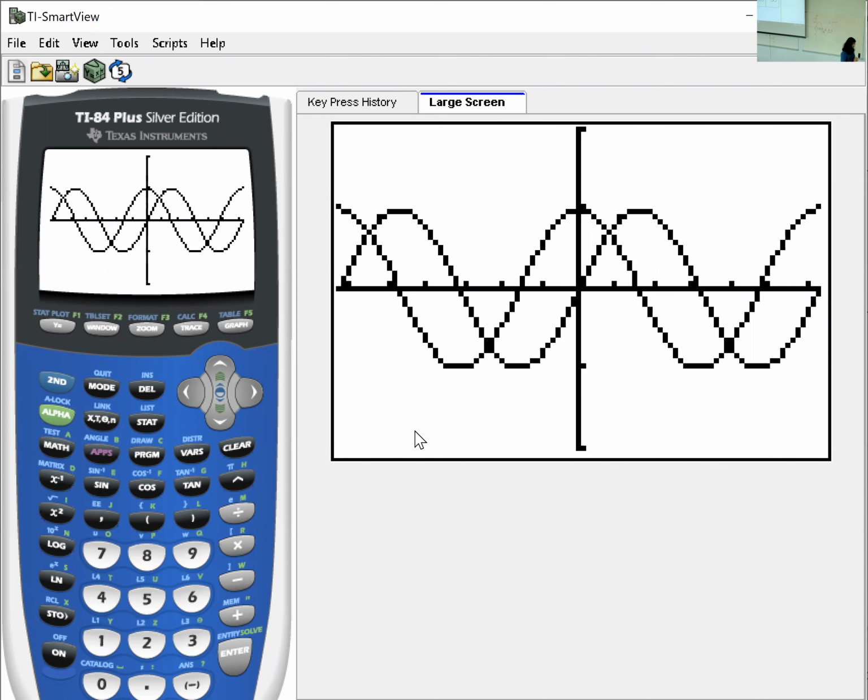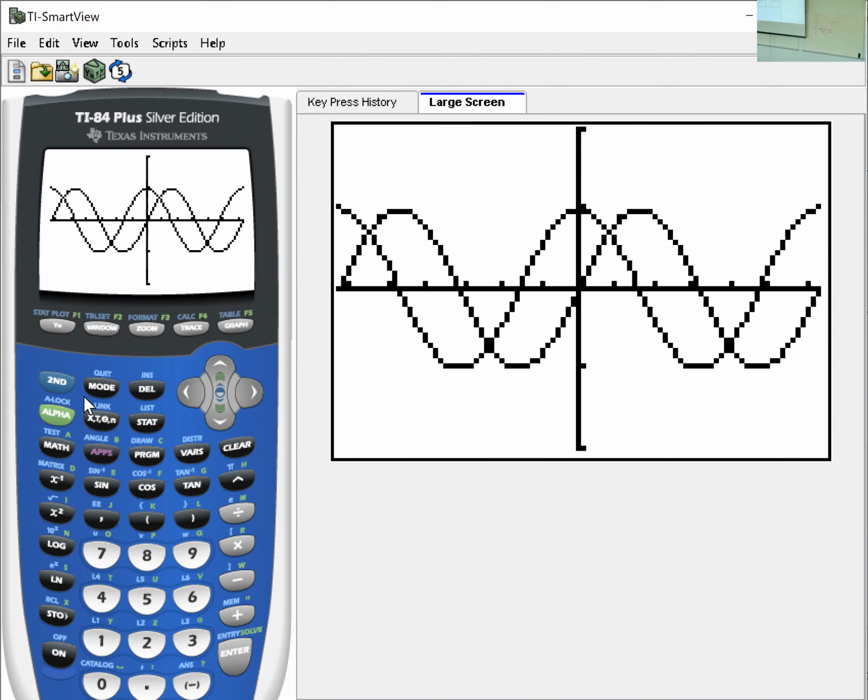On the other side, negative pi over 2, negative 3 pi over 2. And what do we know about tangents? Are they 2 pi periodic or are they pi periodic? Pi.